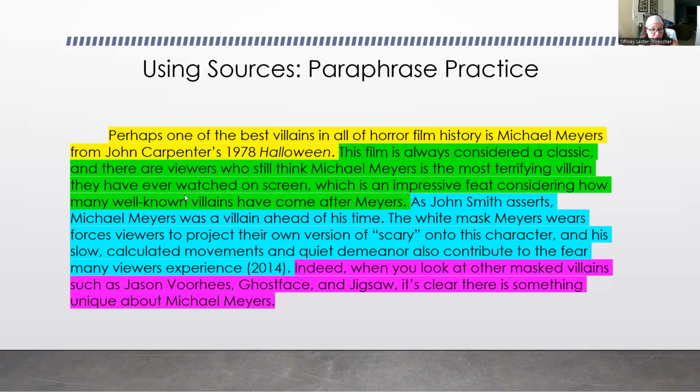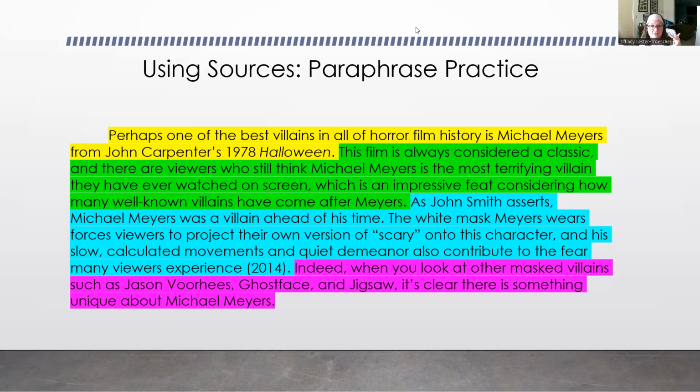The white mask Myers wears forces viewers to project their own version of scary onto this character, and his slow, calculated movements and quiet demeanor also contribute to the fear many viewers experience. Okay? He asserts that Michael Myers was a villain ahead of his time. The white mask forces viewers to project their own version of scary onto him, and that his slow, calculated movements and quiet demeanor also contribute to the fear.